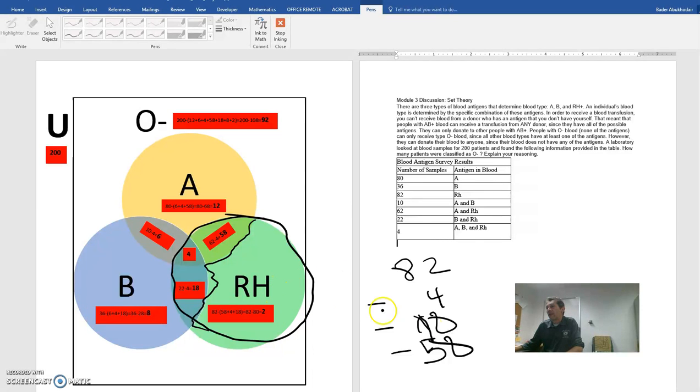So we will just find that subtracting all this, we just have 2 people that have purely RH. They don't have A, they don't have B, or they don't have AB. So that's exactly 2 over here.